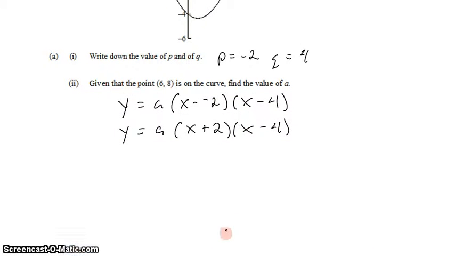Now to solve for A, I need to know the value of X and Y, which I do know. It's right here. I know that when X is 6, Y is 8. Which means that if Y is 8, X has to be 6.